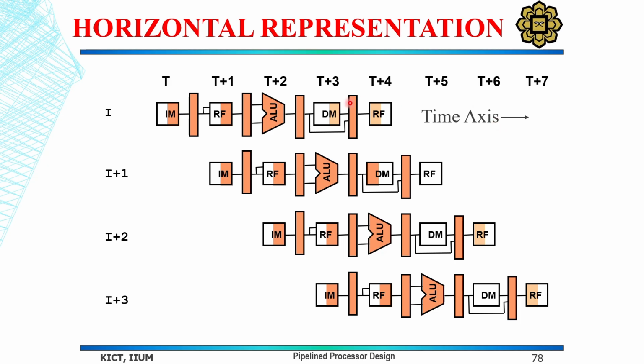In the first cycle, we have the instruction fetch of the first instruction followed by instruction decode, then execution, memory access and write back for the first instruction. The second instruction comes in during the second cycle. Whenever the first instruction is being decoded, the second instruction has already been fetched. So this is what we mean by a pipeline, and it follows the same pattern for the rest of the instructions.